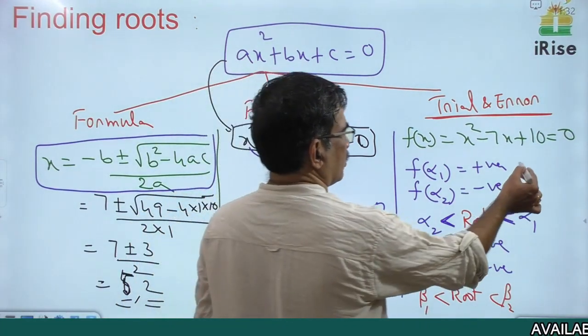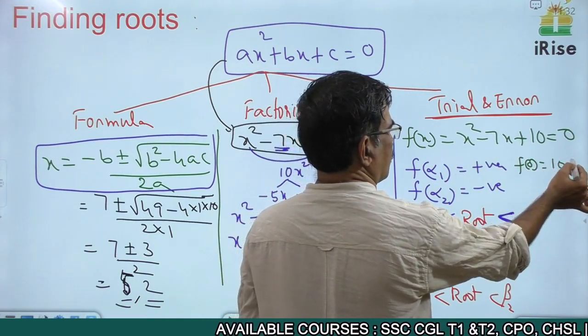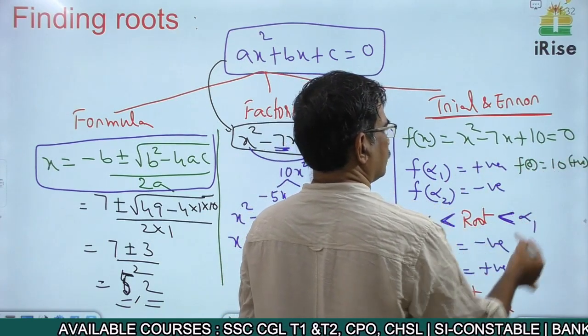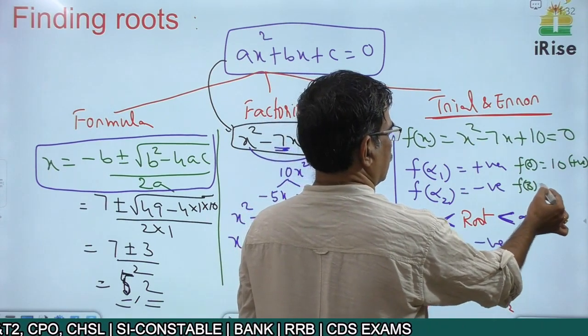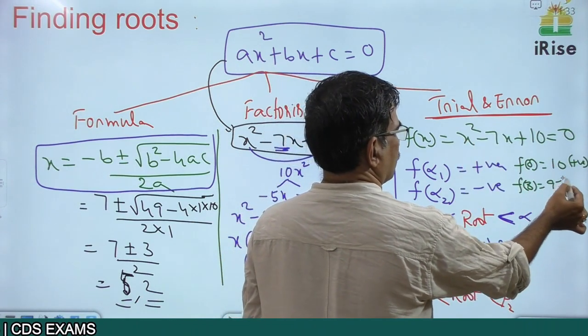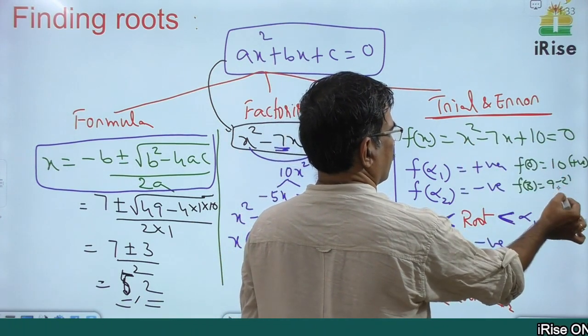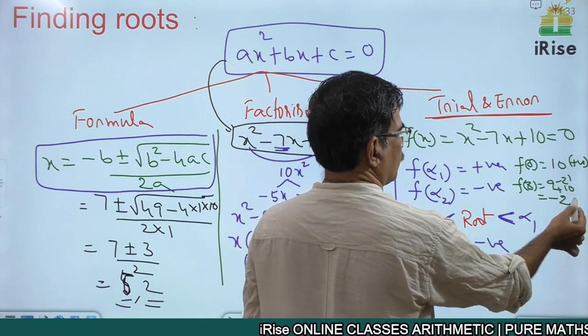See, f(0): put 0, then we get 10, which is a positive number. I want to put 3. What do we get here? 3² = 9, minus 3 × 7 = 21, plus 10: 19 − 21 = −2, which is a negative number.